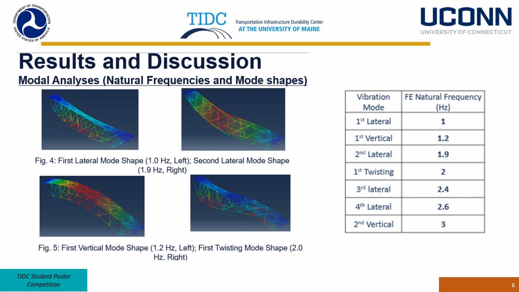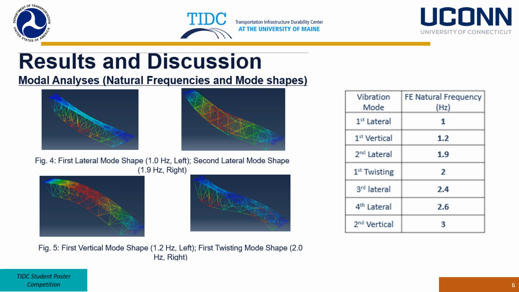As you can see in figure number 4, the first mode shape was a lateral mode that occurs at 1 Hz, and the second lateral mode shape was observed at 1.9 Hz. Similarly, in figure 5, the first vertical mode shape was observed at 1.2 Hz, and similarly, the first twisting mode shape was observed at 2 Hz.